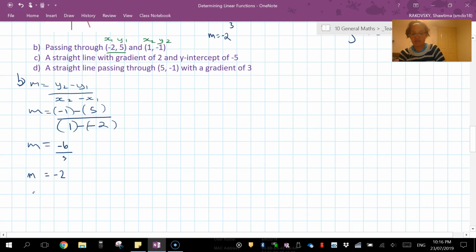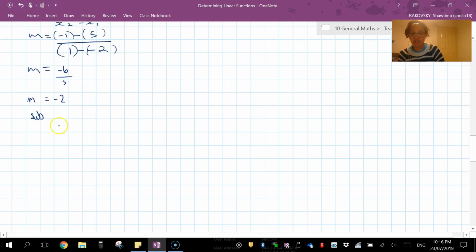So substitute the point 1, -1 and m equals -2 into y equals mx plus c, and that's going to allow us to find c. So that's going to be -1 equals -2 bracket 1 plus c.